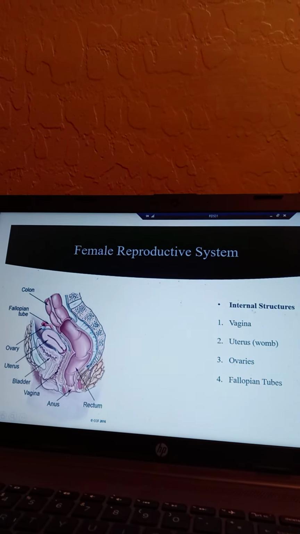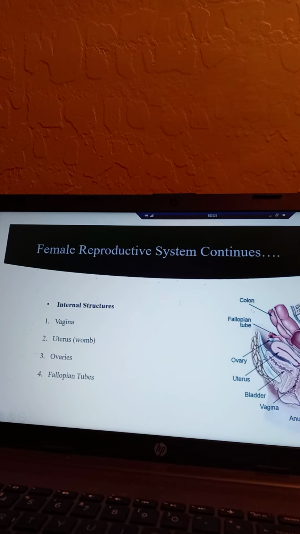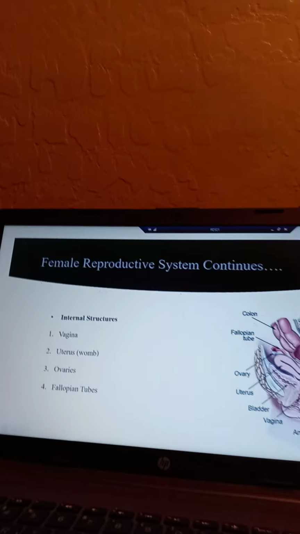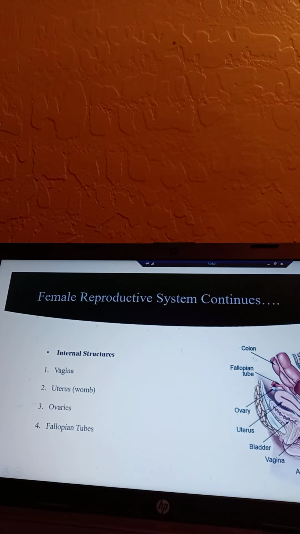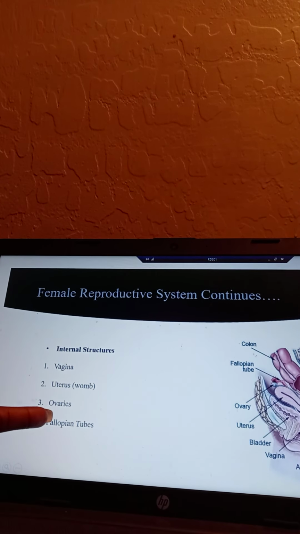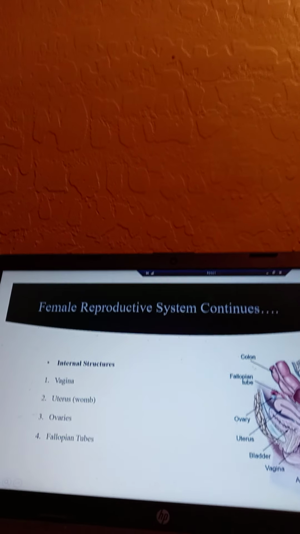Here we go. Next slide, we still are talking about the internal structures. Can you see that? The internal structures. I will be talking about the ovaries and the fallopian tubes next.